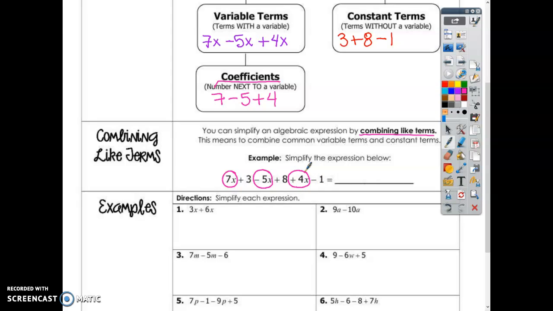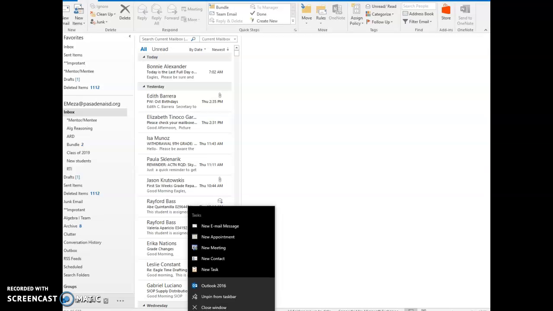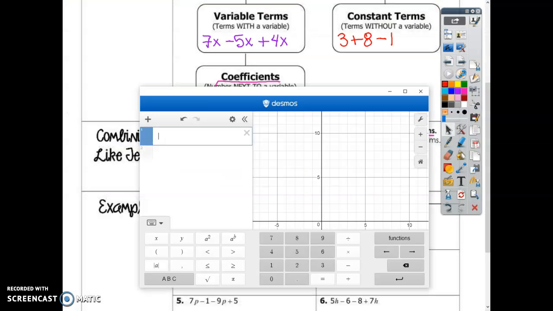So in the calculator, you're going to put 7 minus 5 plus 4. You can also do this in your head. Those of you who could do this in your head, what's 7 minus 5? 2. And what's 2 plus 4? 6. So the variable term should give me a 6, but let's check it out. 7 minus 5 plus 4.